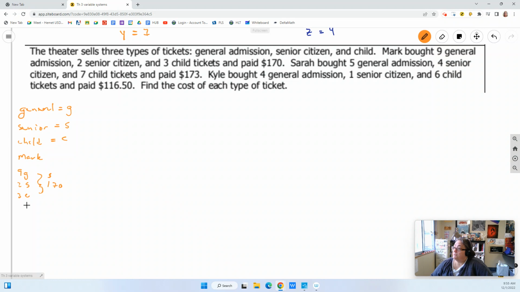And then who else do we have? We have Sarah. Let's see if she's forking out more than Mark. Sarah bought 5 G tickets, 4 S tickets, and 7 C tickets, right? 7 children's. And she spent $3 more than Mark. So right now, Sarah's the baller.